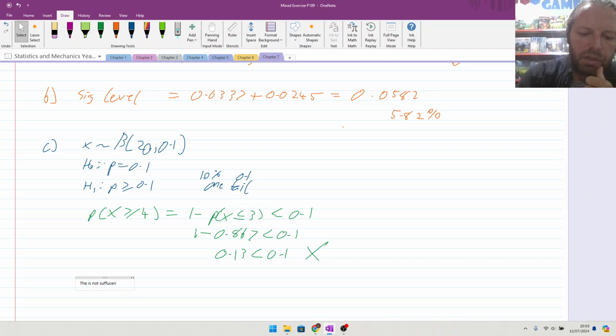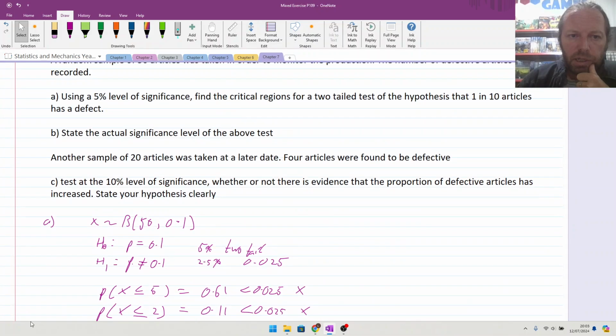And so the standard sentence comes out because it's not: there is not sufficient evidence to reject H0. So how were they wording it in the question there? The defective articles has increased.